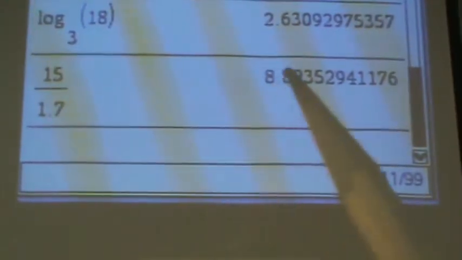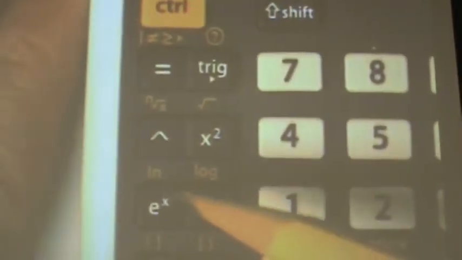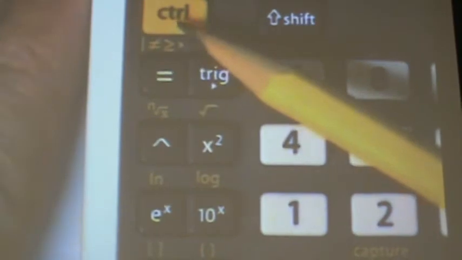So I'm going to type in, where's my calculator? I lost it, there it is. Now, where is the ln button? It is right here. So I have to hit control LN, and then I'm going to hit answer.